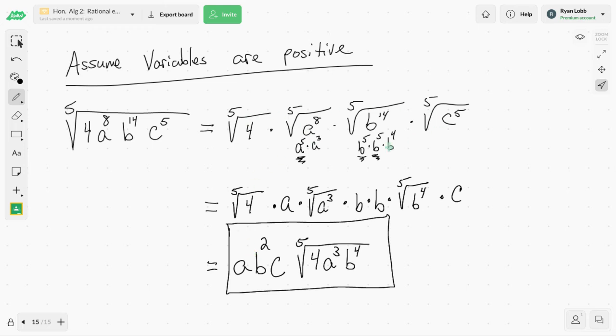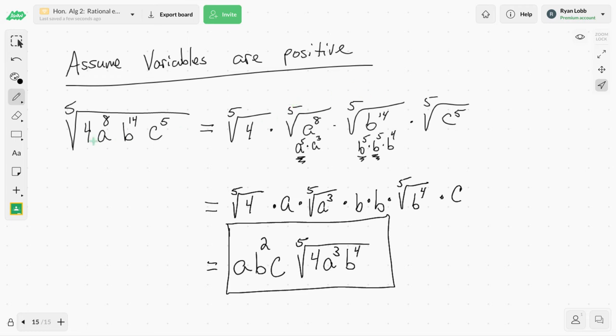Now, generally, you're not going to write all this out. A better way is understanding what you're doing: here, this is a to the 8/5. So what am I doing here? I could think of this as dividing 8 by 5.